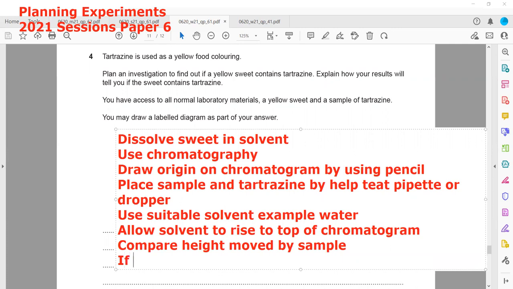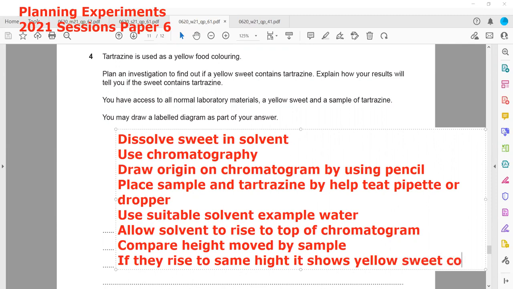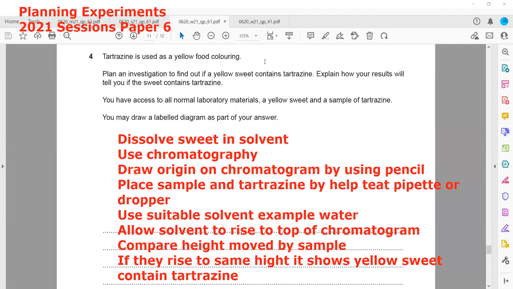And if they rise to the same height, it shows the yellow sweet contains tartrazine. So this is the experiment for identifying that a yellow food coloring is present in the yellow sweet.